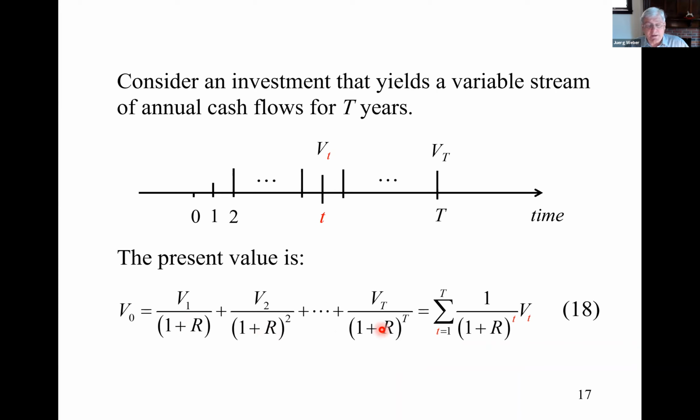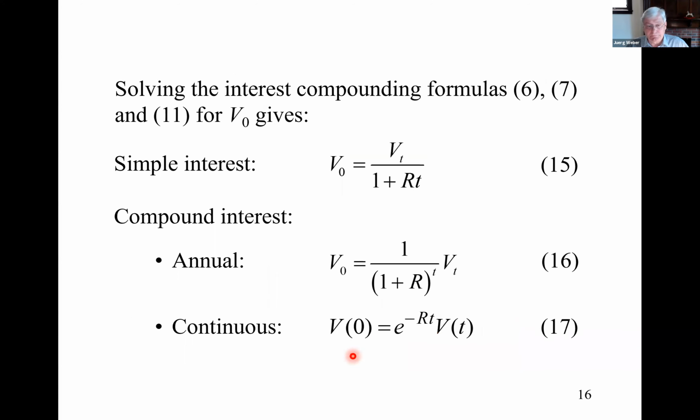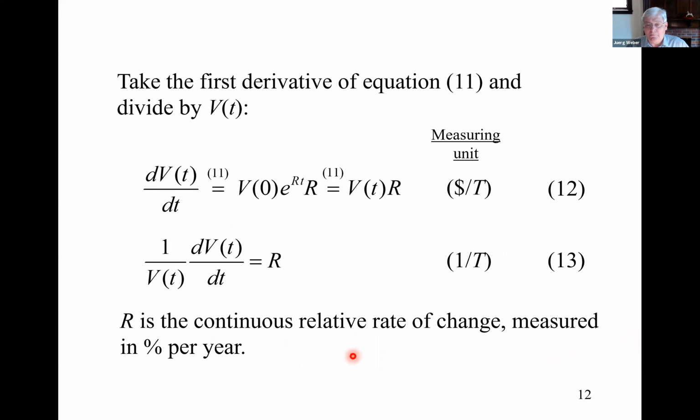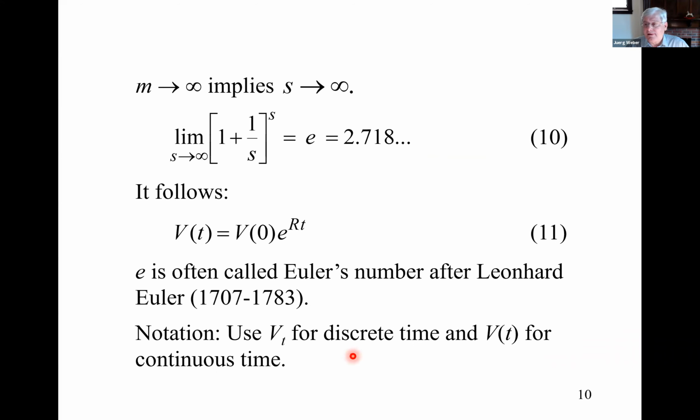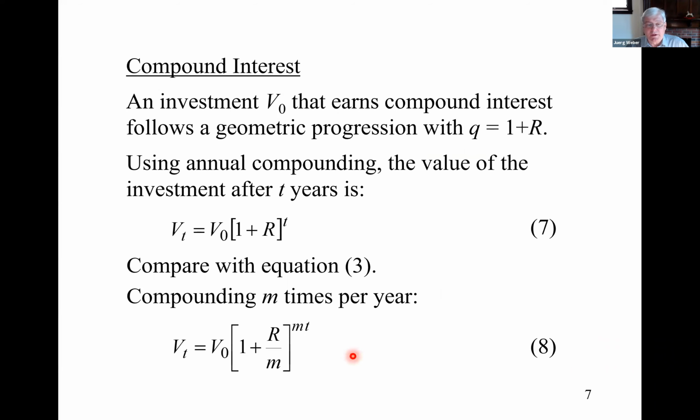You just simply apply again one of the equations from before. I think it was equation 7. Yeah, so equation 7, you solve this one for V0.